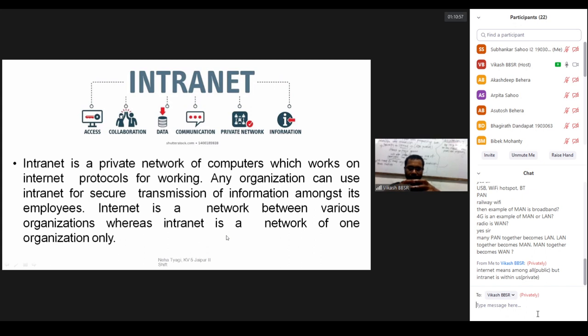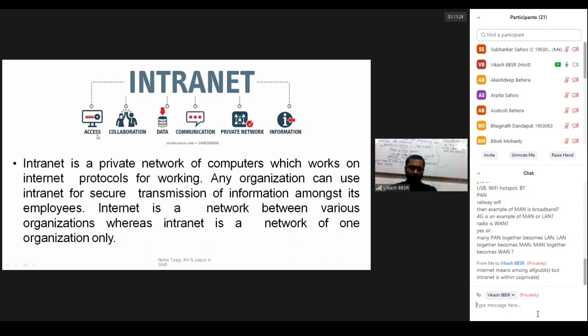We are also connected to the outside, but our information is not going outside. Our information is secret inside, among the employees. So whatever is going on outside is called the internet, and this inside network is called the intranet.